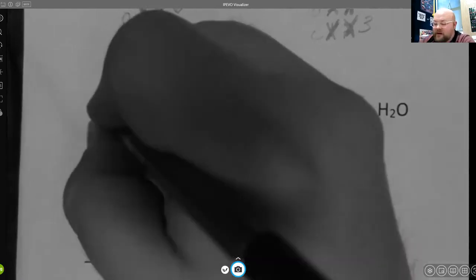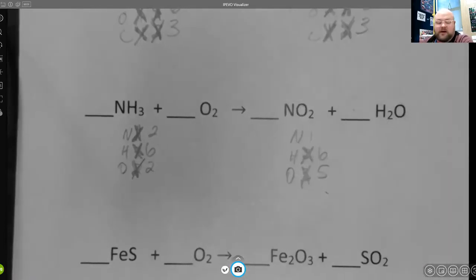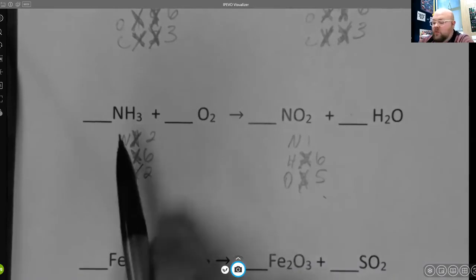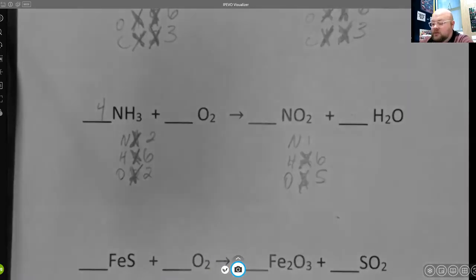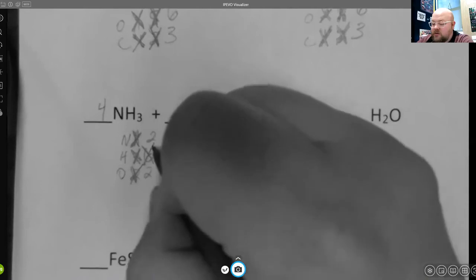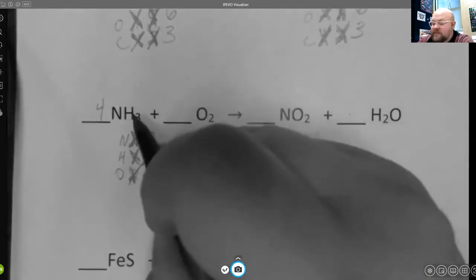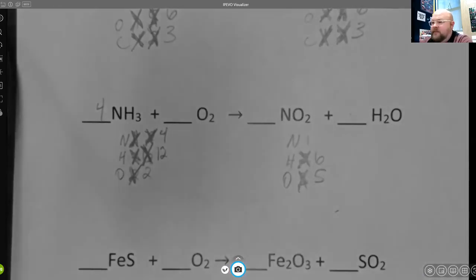So let's back off here and multiply by something that makes it 12. 3 times 4 gives me 12 hydrogens. So I now have 12 hydrogens. That also affects my nitrogens. I have 4 of those now. Okay.